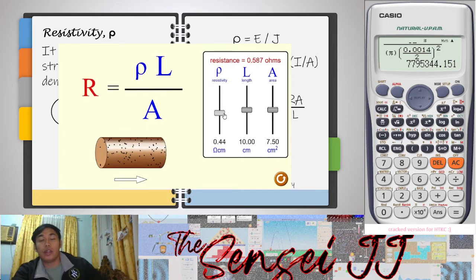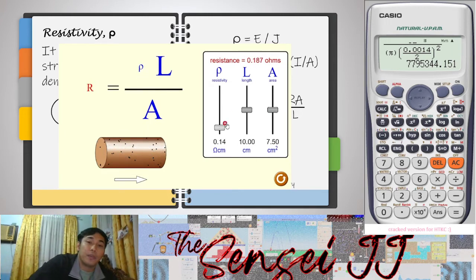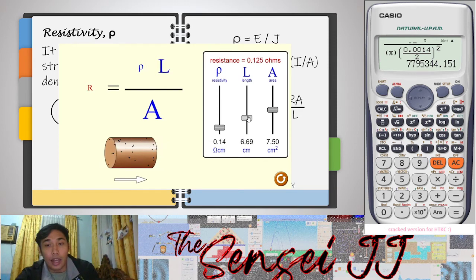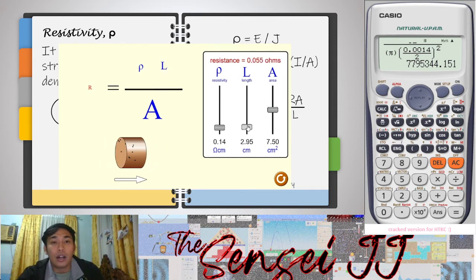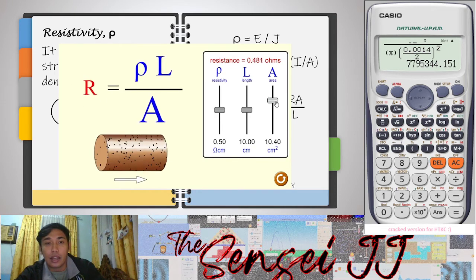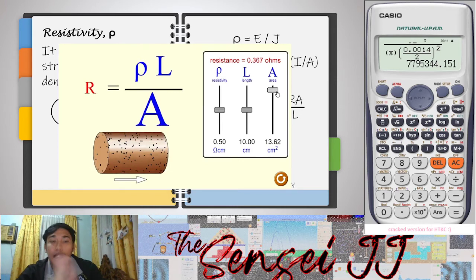Okay, so if we adjust our resistivity to the lower part and our length, as you can see, our resistance also gets smaller. Okay, so when it comes to our area, in increase, nag-decrease naman yung resistance natin.